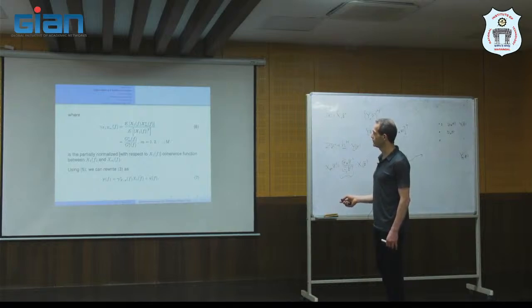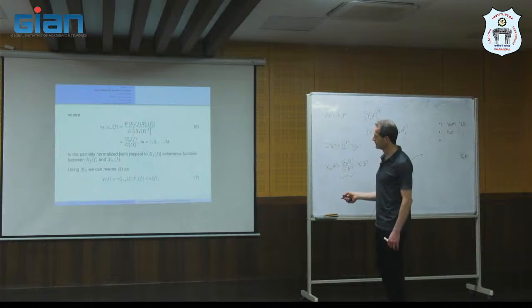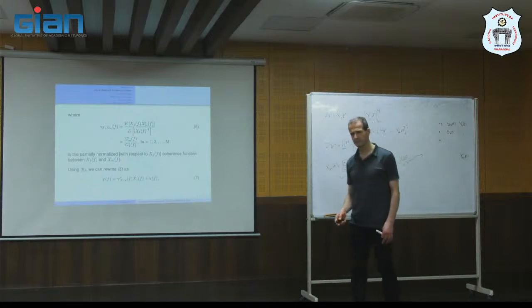The partially normalized coherence function between two elements, two complex scalars, is defined like that. It's the expectation of the correlation between X1 and the complex conjugate of XM, normalized by the variance of X1. So this is a definition, okay?